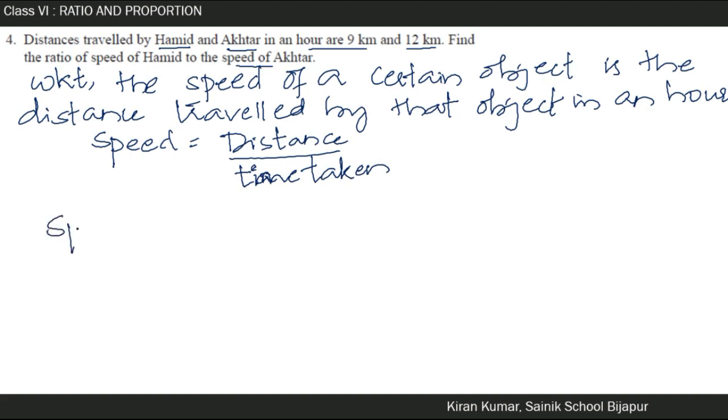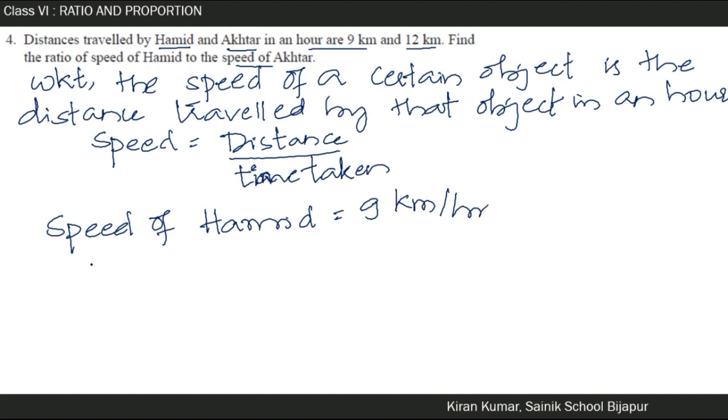Therefore, we can write the speed of Hamid as 9 kilometer per hour and the speed of Akhtar is 12 kilometer per hour.